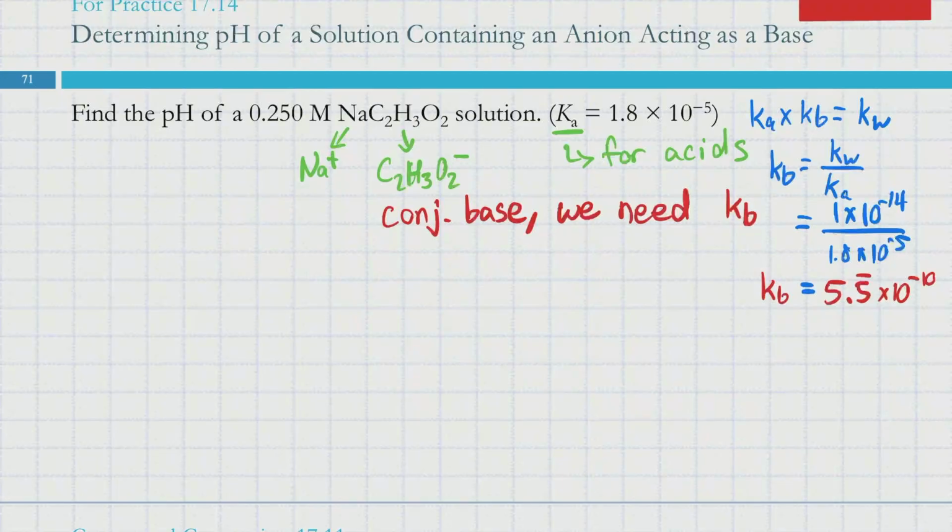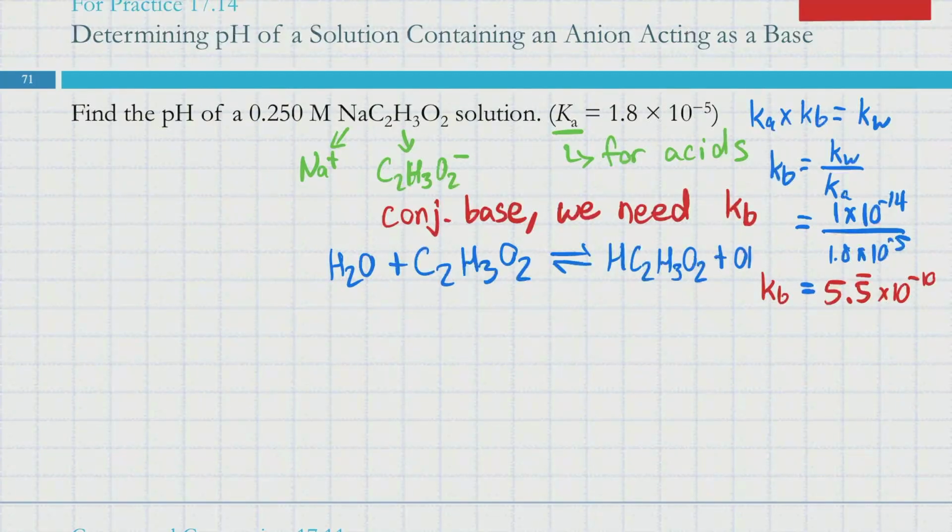And we can draw up what our Kb would look like from an equation with what we know is a weak base. Our acetate is going to react with water as a weak base. So we'll be forming acetic acid and hydroxide.